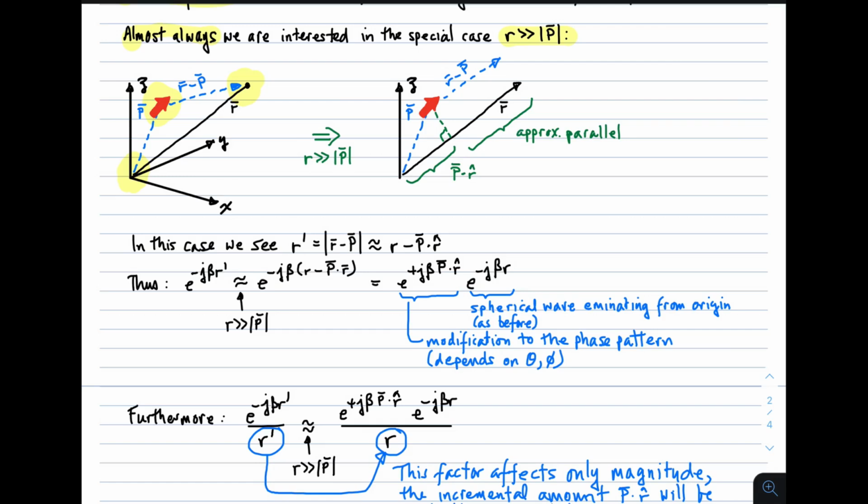But oftentimes, this represents an antenna, and this distance here is within the antenna, and this distance here goes to a distant field point.